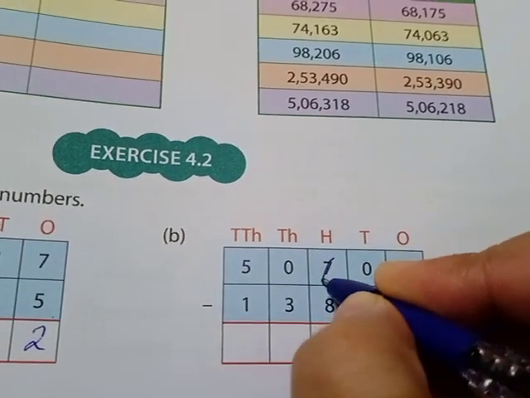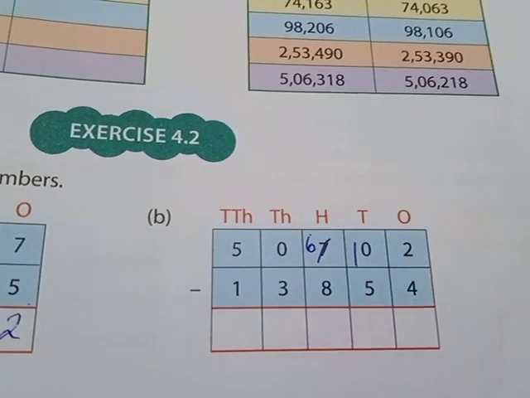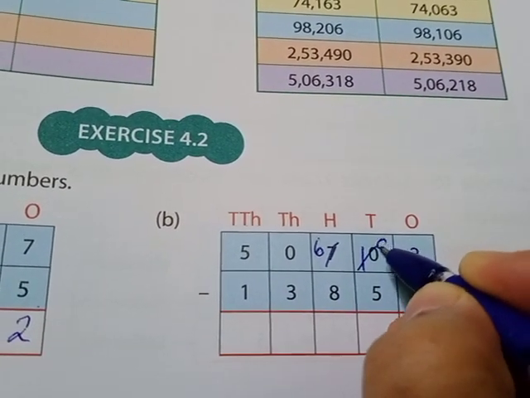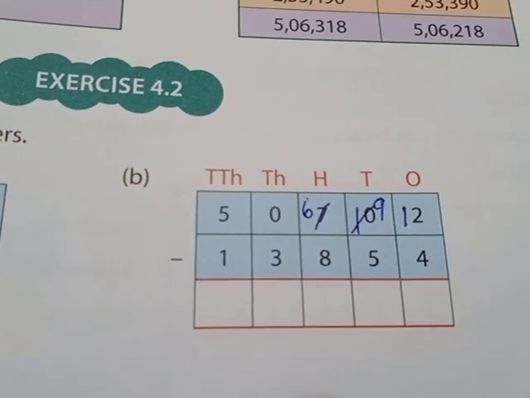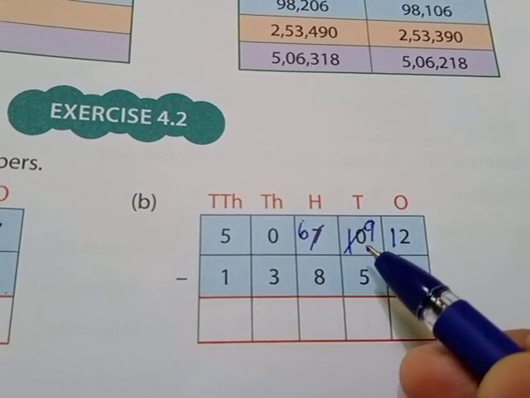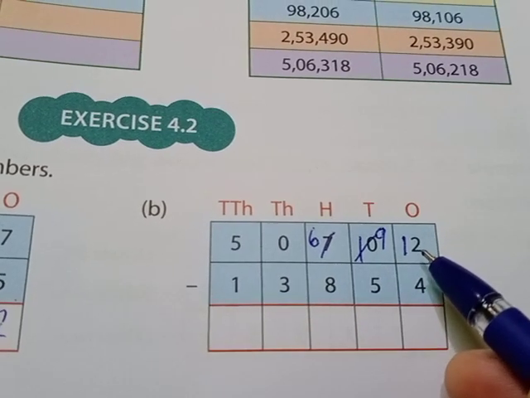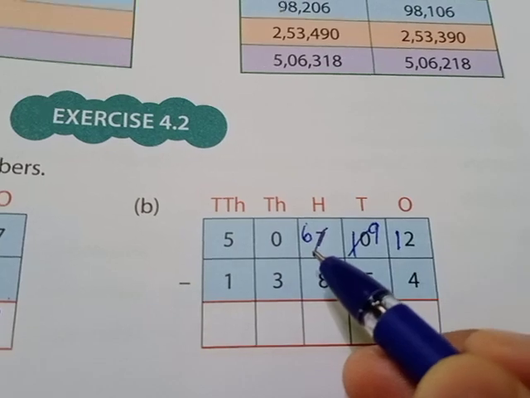So, your 7 will become here 6 and the 0 will become 10. Now, from this 10, we will give 1 to 1's place. Clear, na? Anytime when we have 0, that 0 cannot give any single digit to this number. 0 will itself have to borrow from the hundreds place.